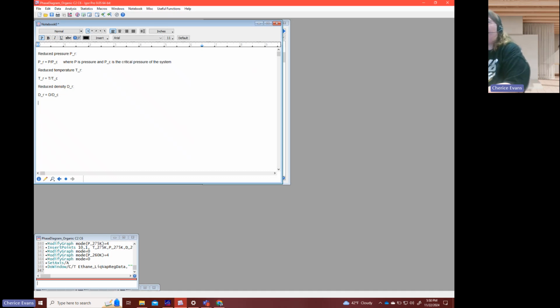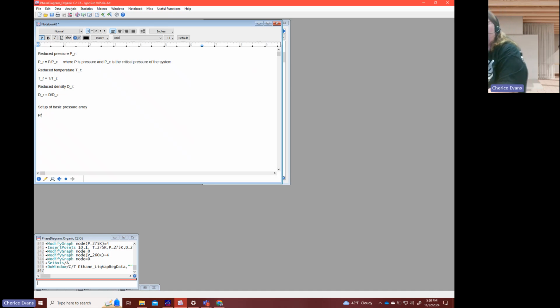So that gives me a way of setting a basic pressure array using reduced pressures. And then that pressure array is something that I can adapt and modify and change for each fluid that I'm studying, but it gives me a base starting point.